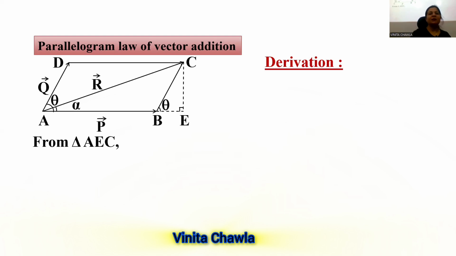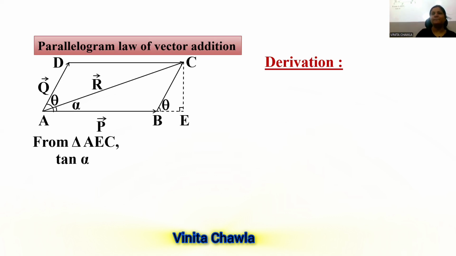From triangle AEC, look at this triangle. What is tan alpha? Tan alpha is perpendicular by base.